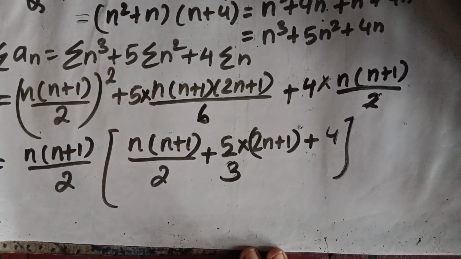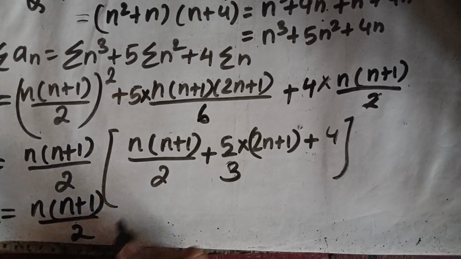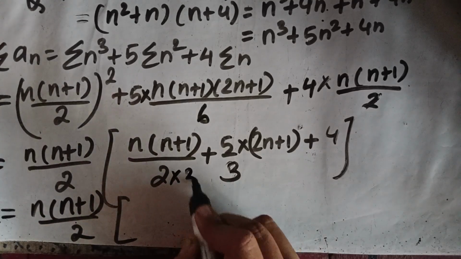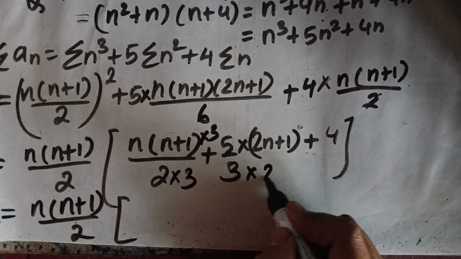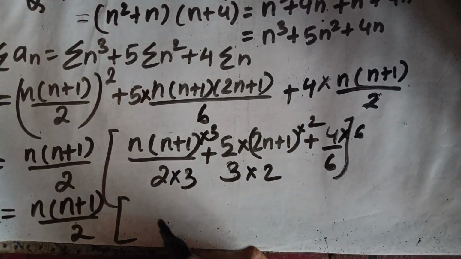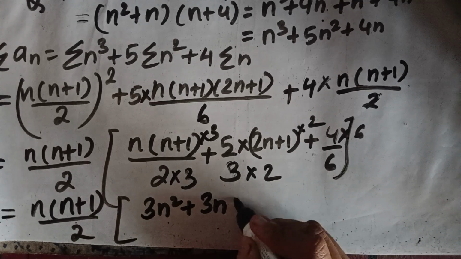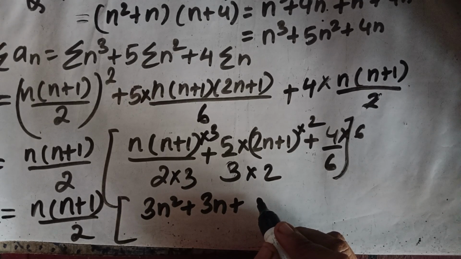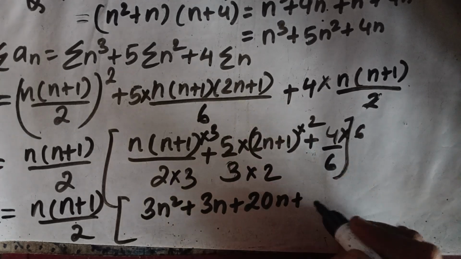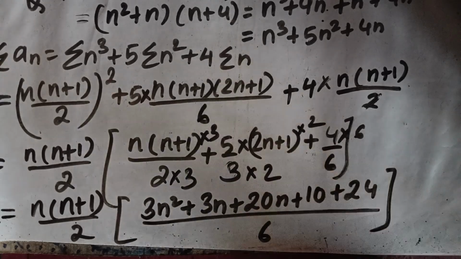Now you have to cross multiply. So we'll get 2 is there, 3 is there, so we'll make it 6. 2 into 6. So 3n square plus 3n plus 5 tens are 10, 10 twos are 20, 24 divided by 6. Okay.